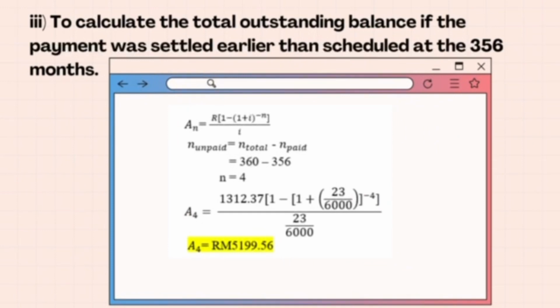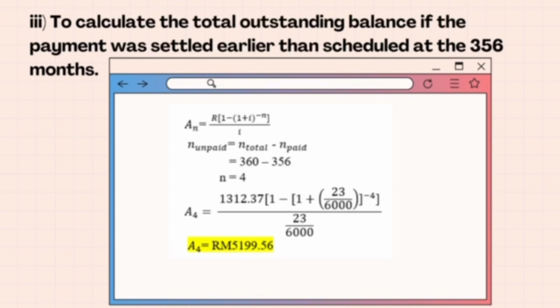For question number 3, we will learn how to calculate the total outstanding balance if the payment was settled earlier than scheduled at the 356th month. Since this is a special case, we will find a new n, which is the number of unpaid periodic payments. So n unpaid is equal to n total minus n paid. The n total is 360 minus n paid, 356, and you will get n equals 4.